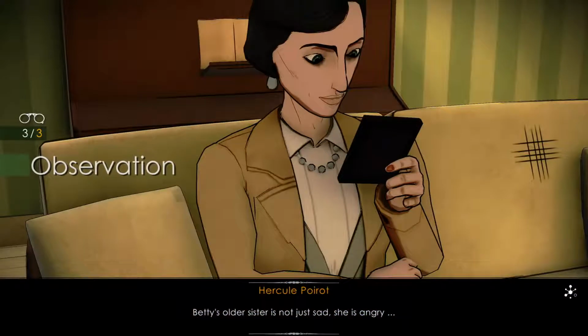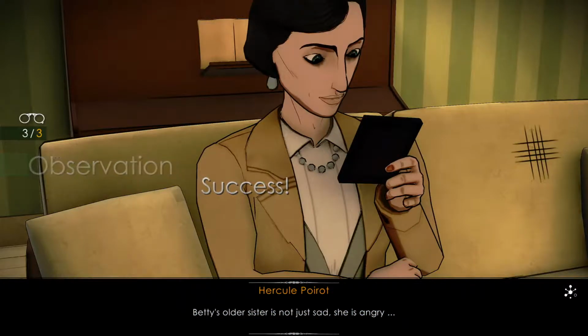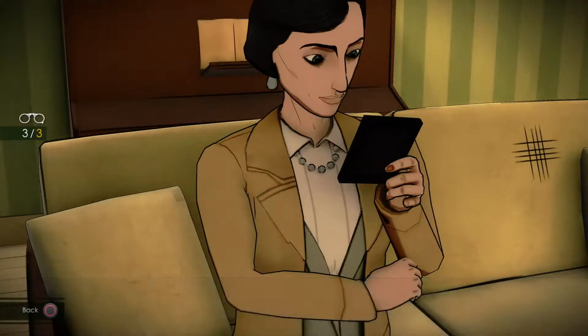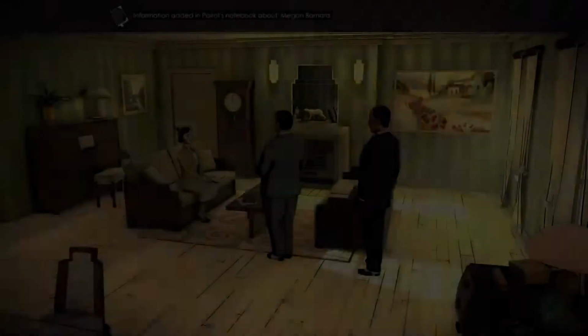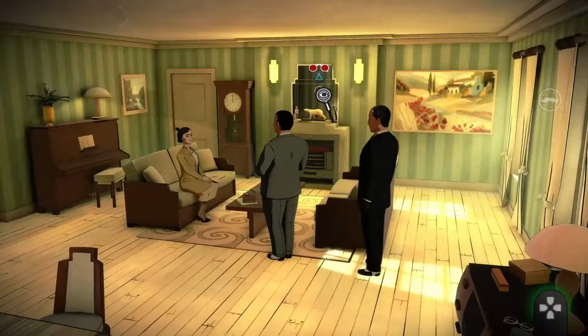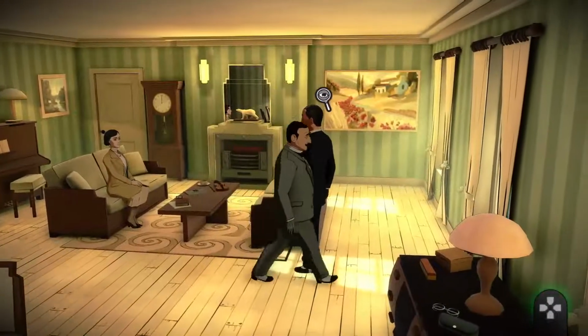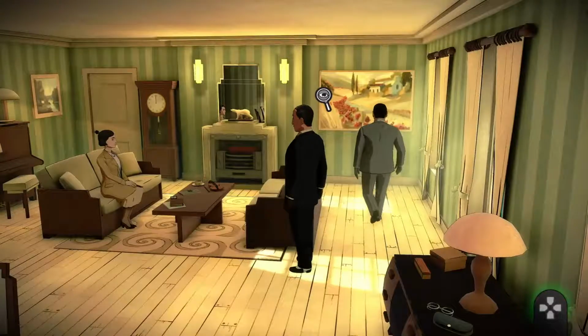Betty's older sister is not just sad, she's angry. Another mirror for me to look at.